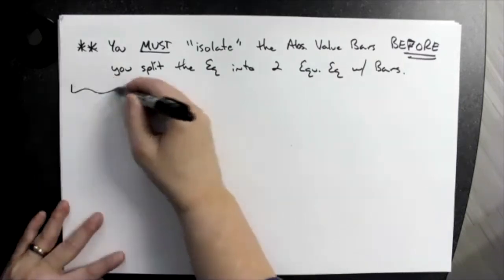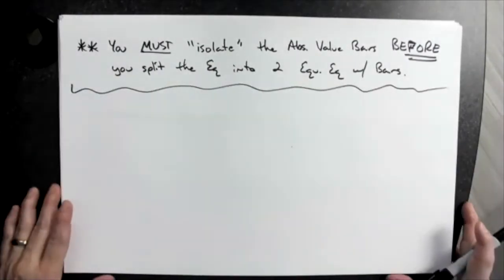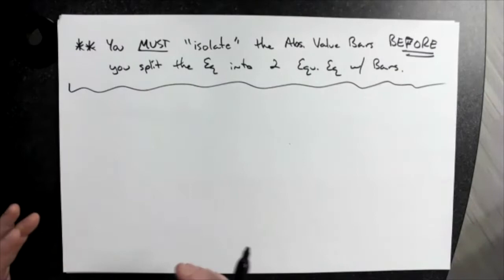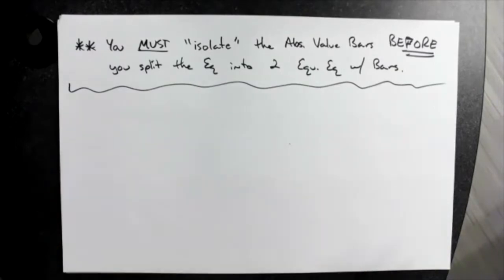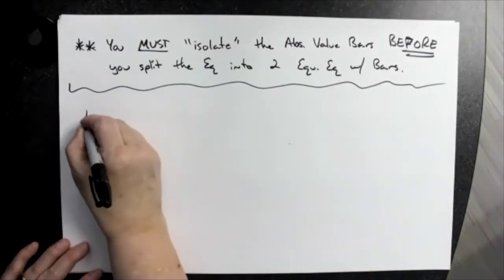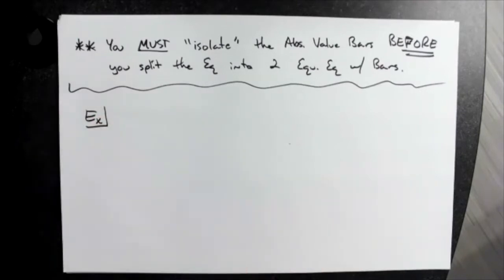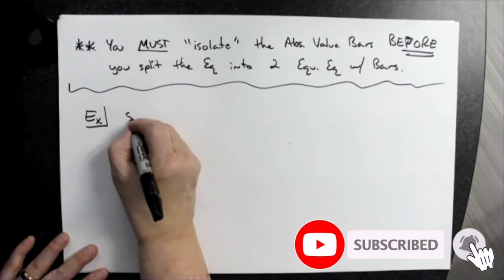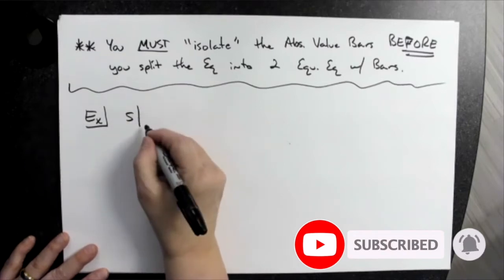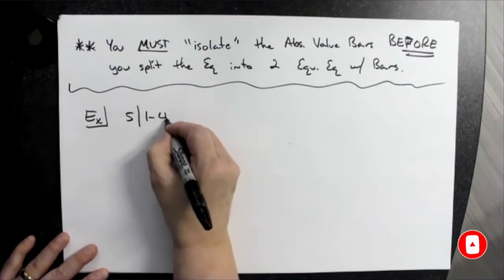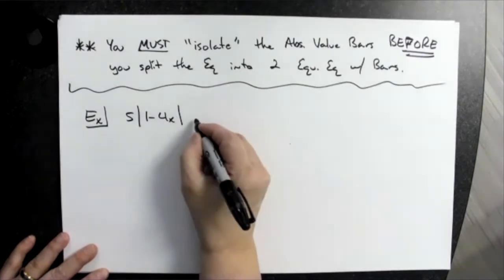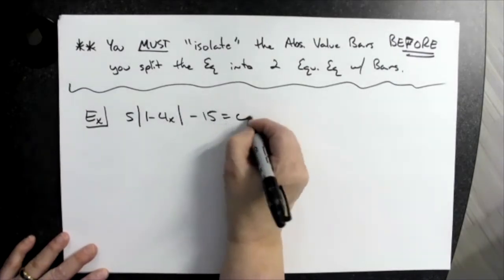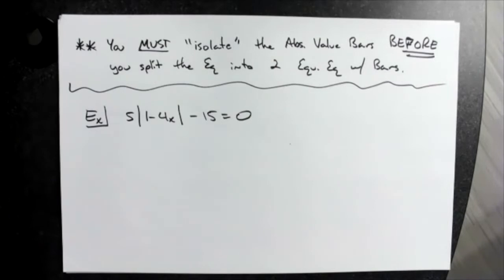Now let's do an example of what I mean by that. There's a possibility, and I'm going to do both multiplication and add and subtract in this one, just so you see both in one example. That way we only have to do one example maybe. Let's suppose we had a 5 and then an absolute value bar, 1 minus 4x, and then we had a minus 15 is equal to 0. I already set it to 0.